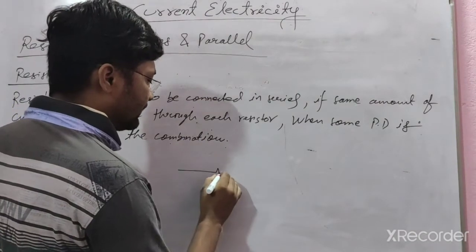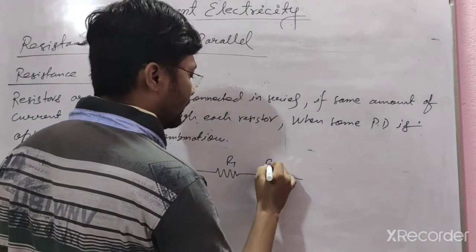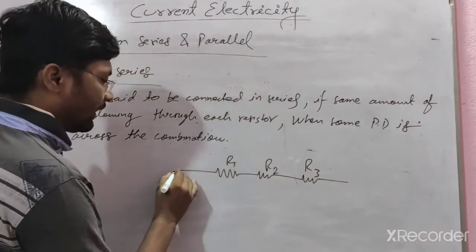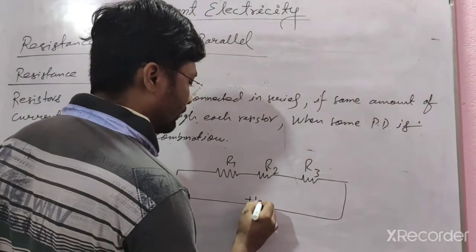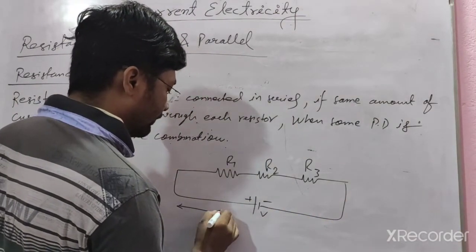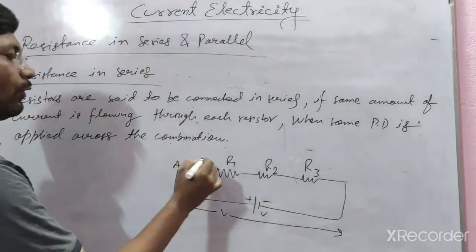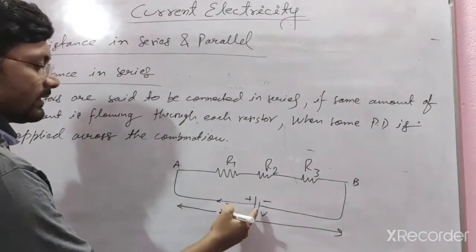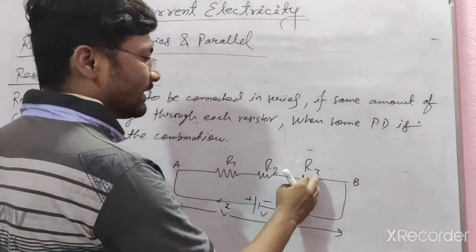Let there be some resistors R1, R2, R3, and they are connected to the same potential difference V. This potential difference is V between the point A and B. Now let the cell draw I current, then the same current will flow through each resistor.